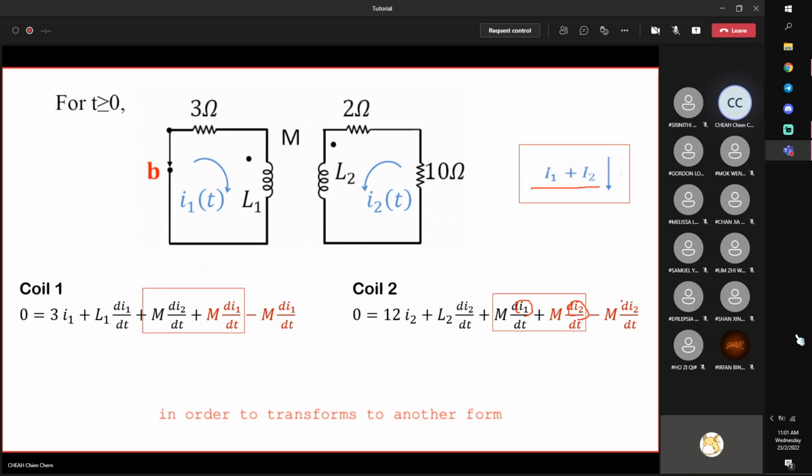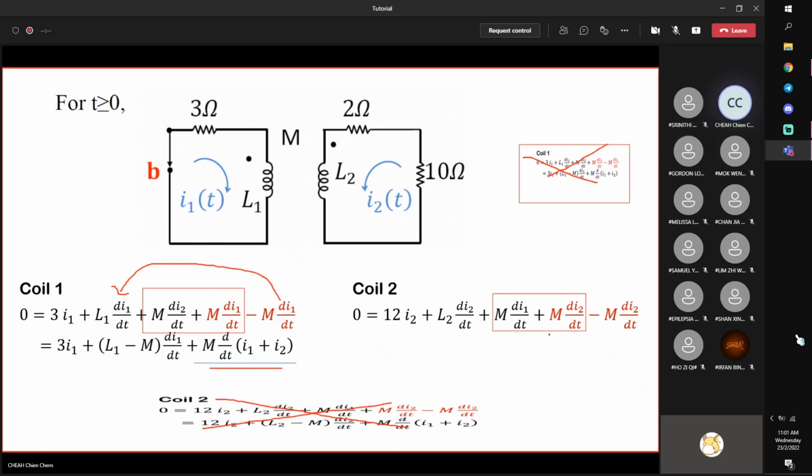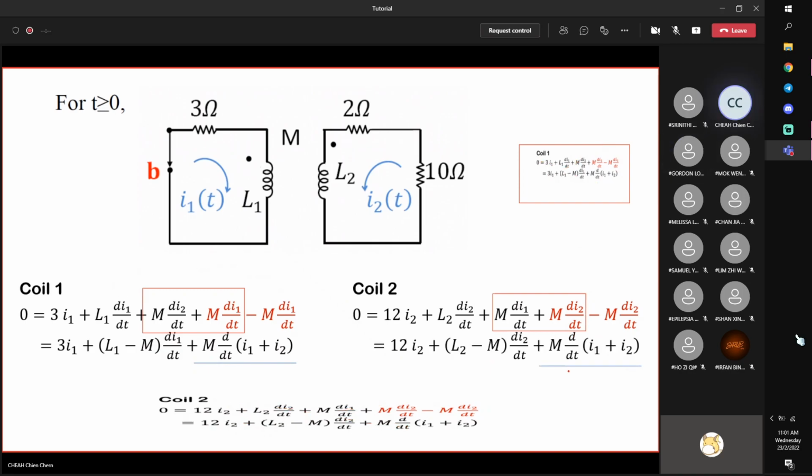Okay, when I add this, I must also subtract this. This means that I will then put this together as one term, and this one I will put together with this as di2/dt. Okay, in other words, the original equation, without this term in red, is put into the second equations by just adding something and subtracting something. And the key idea is that I now get this common term among them.